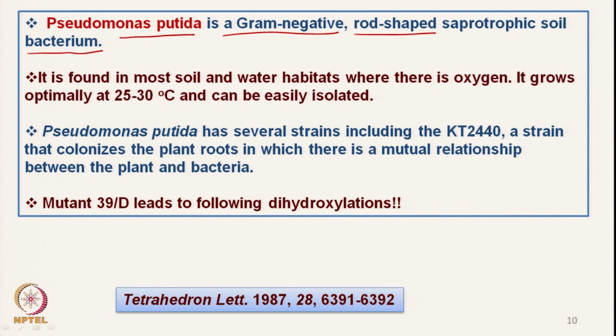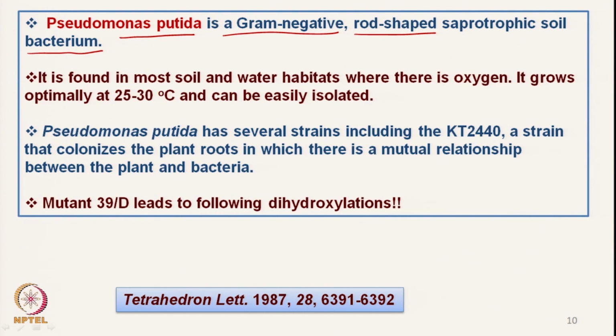It also grows optimally at 25 to 30 degrees and can be easily isolated. Now Pseudomonas putida has several strains, including KT2440, a strain that colonizes the plant roots, in which there is a mutual relationship between the plant and bacteria.